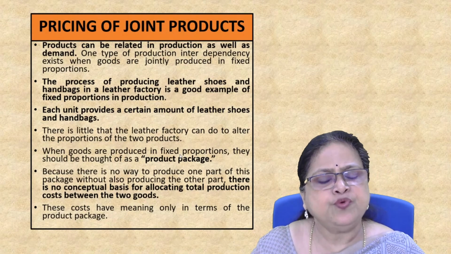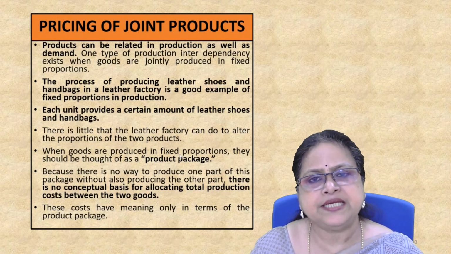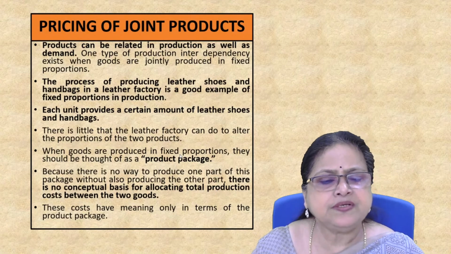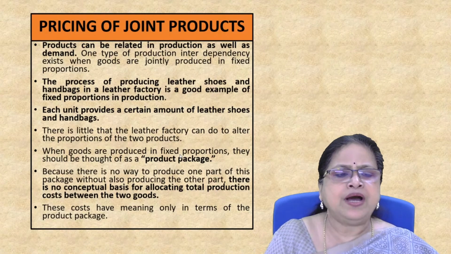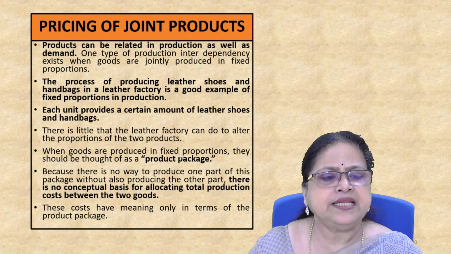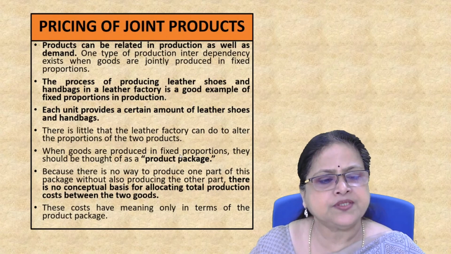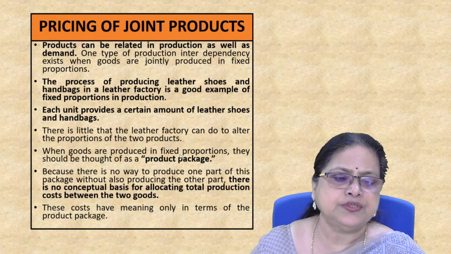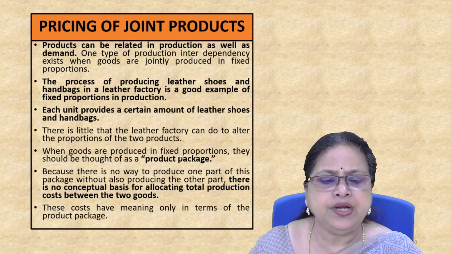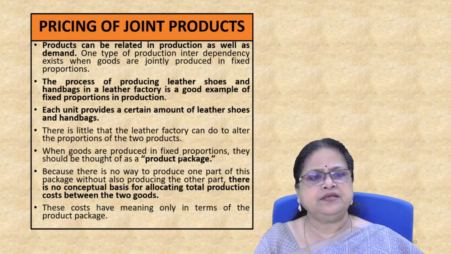Because when goods are produced in fixed proportion, they should be thought of as a product package. Because there is no way to produce one part of this package without also producing the other part, there is no conceptual basis for allocating total production costs between the two goods. These costs are meaningful only in terms of the product package, like leather shoes and leather handbags.